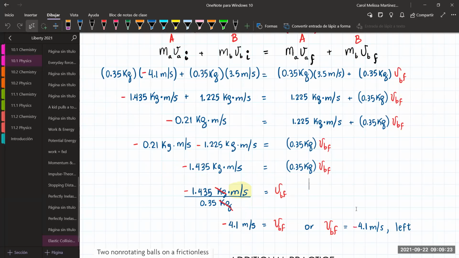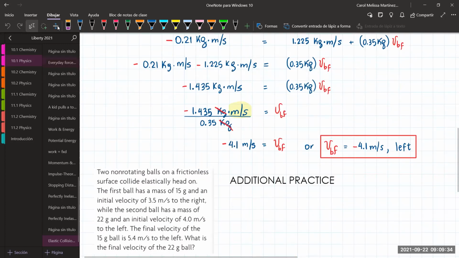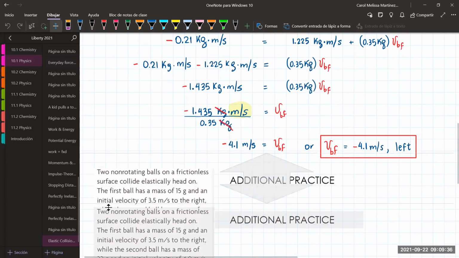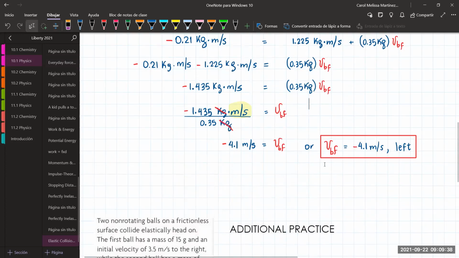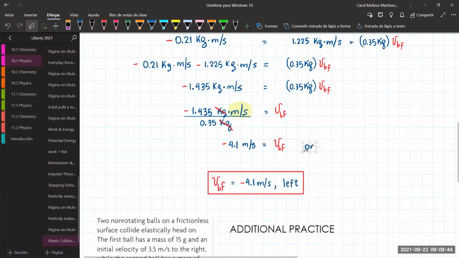Either way is going to be correct. Just don't forget that a negative means that it's going to the left. The two answers are going to be correct. Now, you can check the procedure or not, but as I told you, it is an optional procedure, so it doesn't really need to be checked.